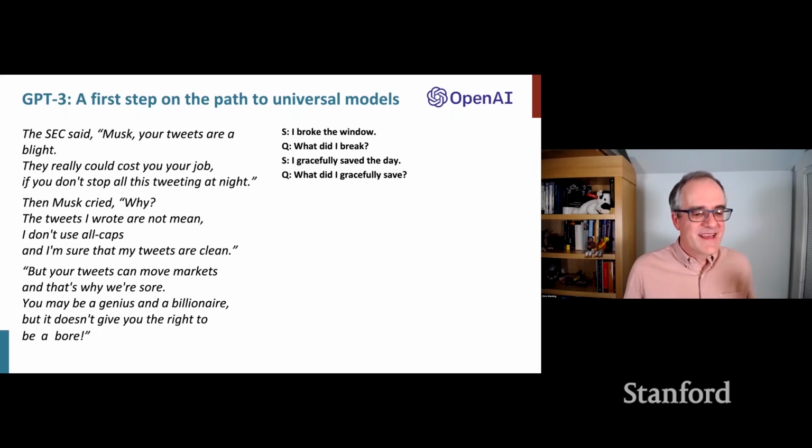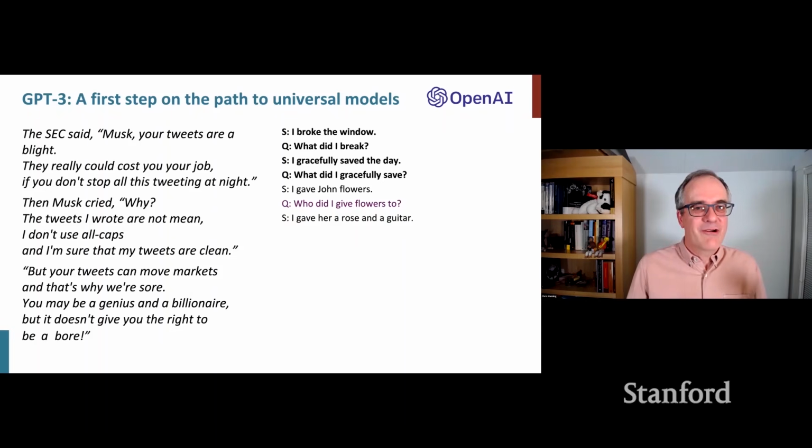So this prompt tells GPT-3 what I'm wanting it to do. And so then if I give it another statement like I gave John flowers, I can then say, GPT-3, predict what words come next. And it'll follow my prompt and produce who did I give flowers to. Or I can say, I gave her a rose and a guitar, and it will follow the idea of the pattern and do who did I give a rose and a guitar to.